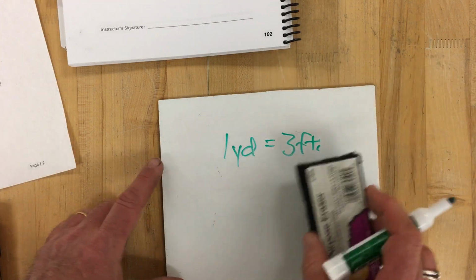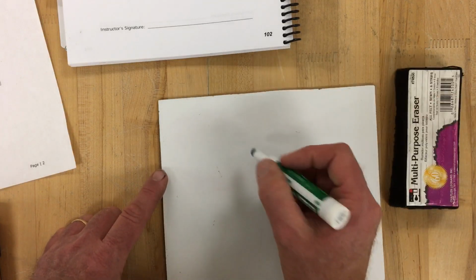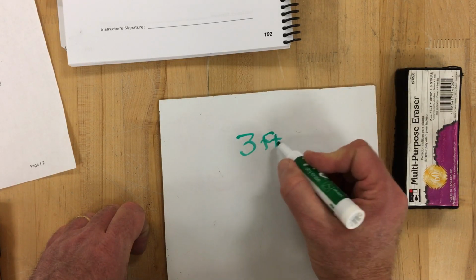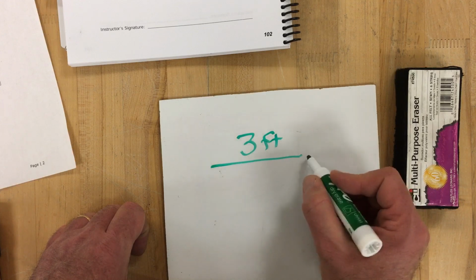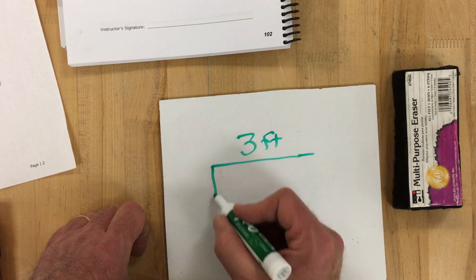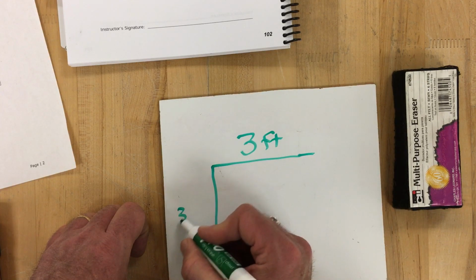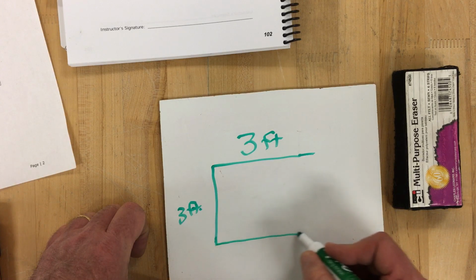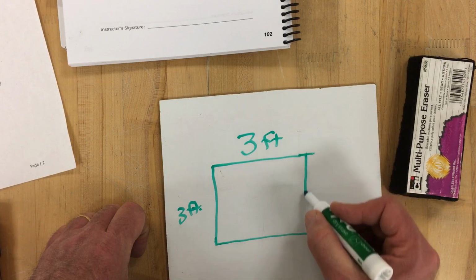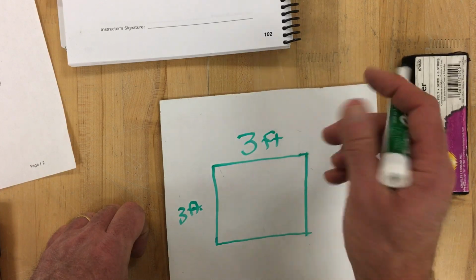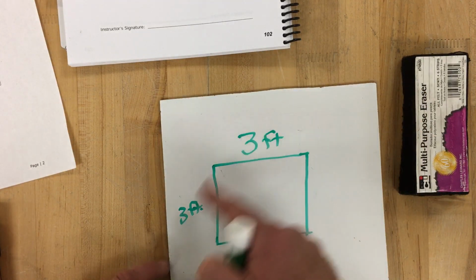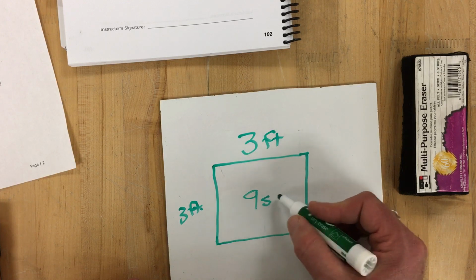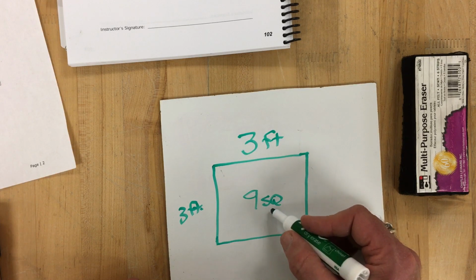So again, we're going to look at kind of a square to determine square yards. So square yards is 3 feet in this direction, and 3 feet here. I'll square that off a bit. Of course, I didn't measure it, but 3 feet by 3 feet is 9 square feet.